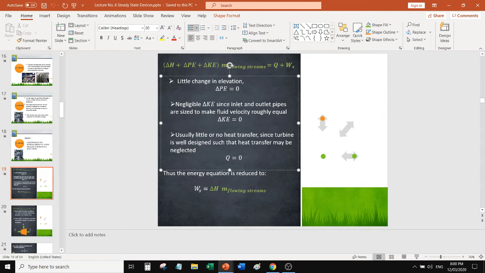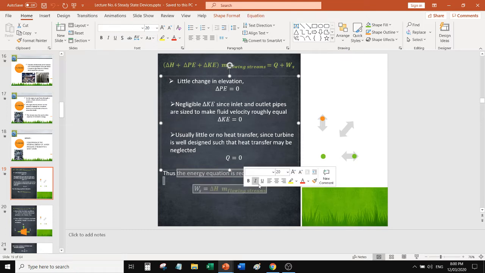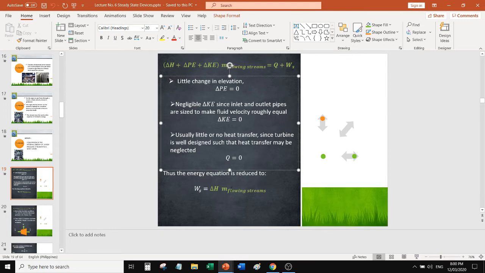Okay, so walang Q, so 0 na rin. And our energy balance would be simplified into work shaft equal to delta H. Okay. So, yung delta H ng flowing stream, yan, mako-convert into the work shaft.